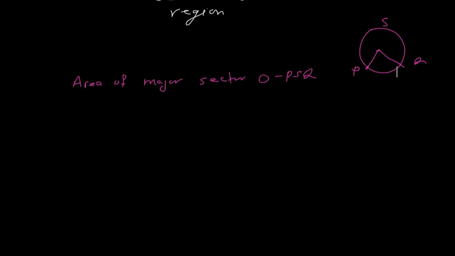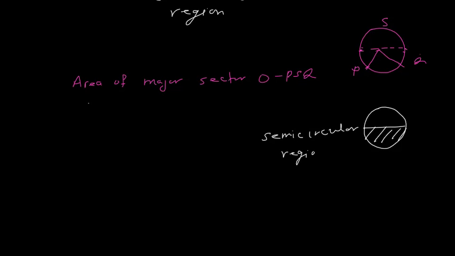Again here, if this point P and Q are the endpoints of diameter, then your minor sector and major sector both are equal, and that is called semicircular region. So semicircular region, okay, we can find it from area of segment as well as area of sector. So these are few basic things that we will see before we see our first exercise. So what different things we have seen here?